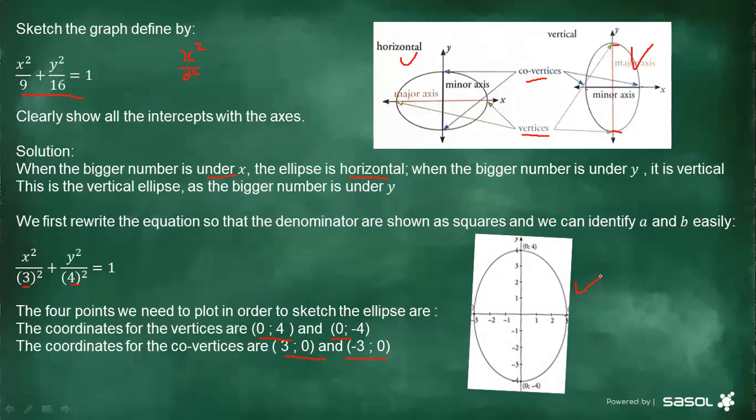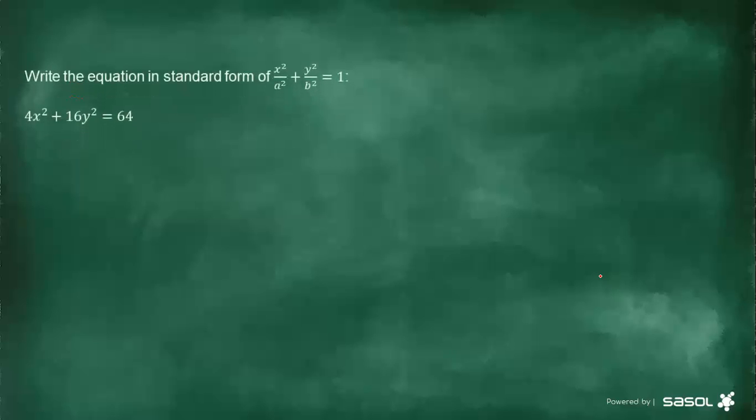So you will always be asked to plot the ellipse function, right? Put it in standard form, right? The equation is in standard form. Now look at what we are having: 4x squared plus 16y squared equals 64.